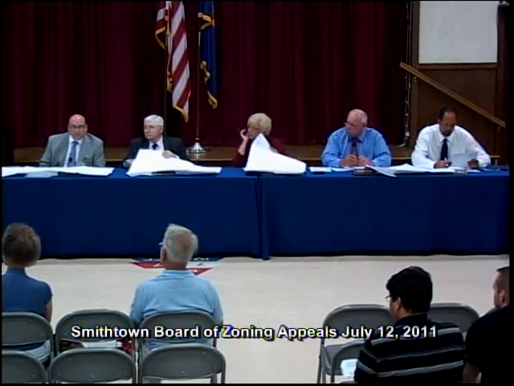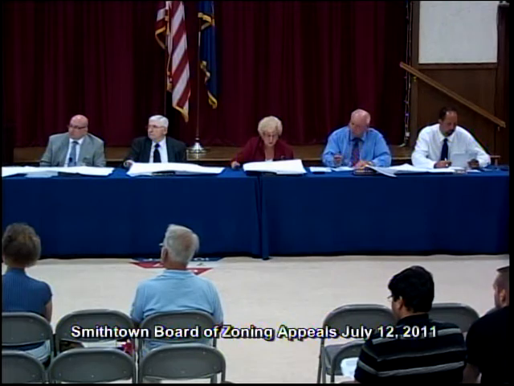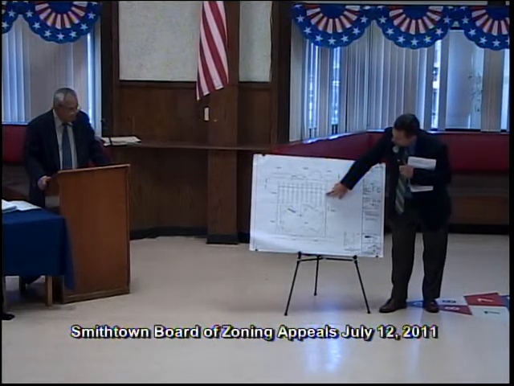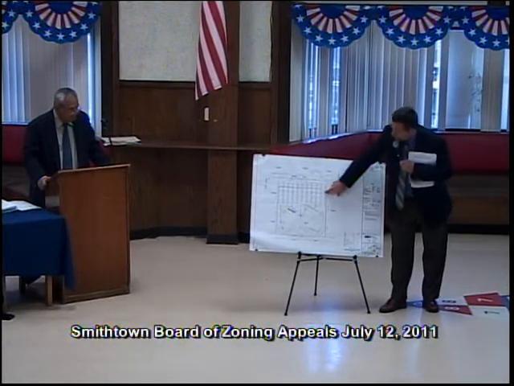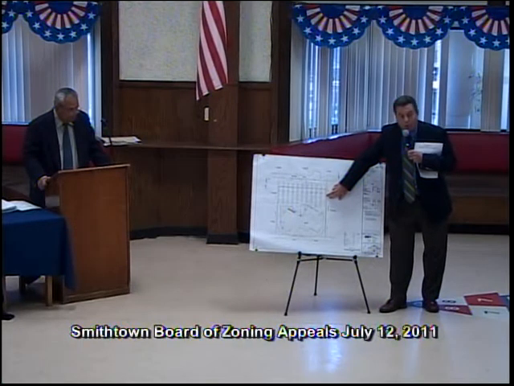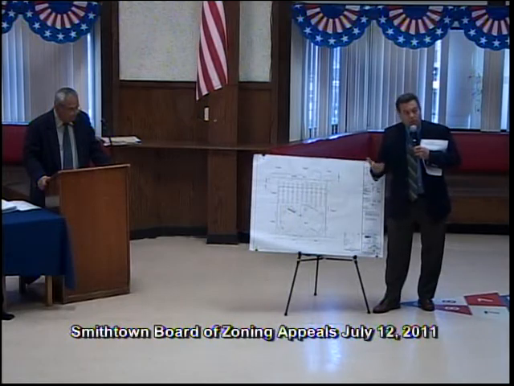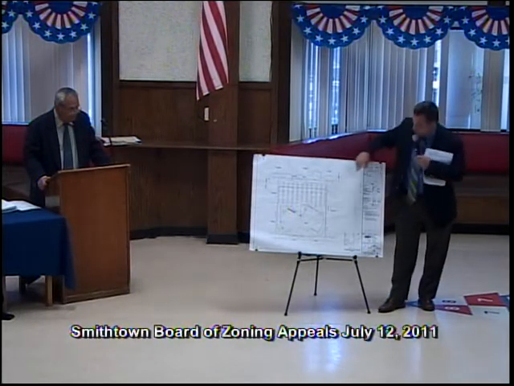The other item is with regard to the number of planting islands, and I had reached out to the planning department today, but I hadn't gotten a response. The requirement in the town is to have one landscaped parking island for every 20 stalls. Each of these rows is in excess of 20 stalls, and that's the reason for that variance.